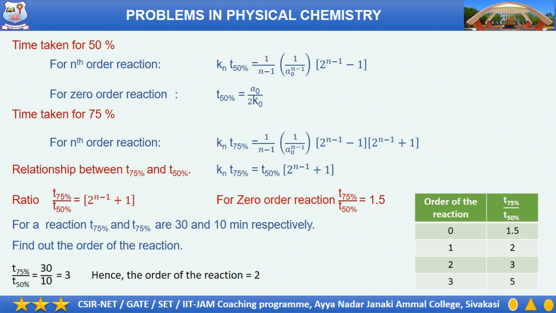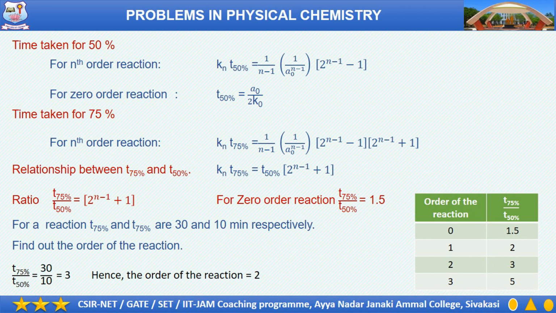For example, T75 is 30 minutes and T50 is 10 minutes. The ratio is 3. If the ratio is 3, then what is the order of reaction? That can be readily seen. For example, convert this into 2 power (n minus 1) plus 1. For zero order reaction, what would be the ratio? Find it and tell me the answer.